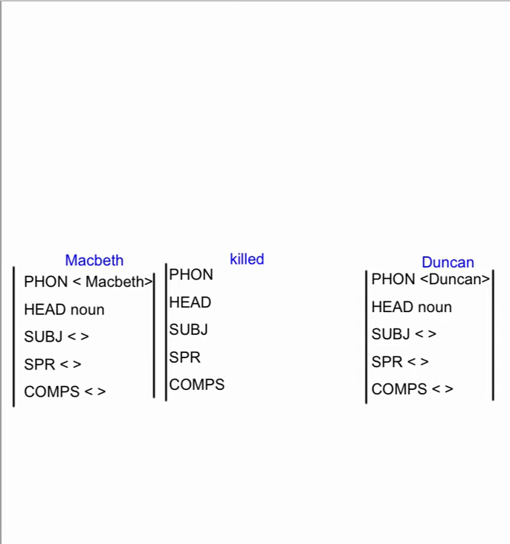Finally, let us consider the verb. The phonology is killed. The head value is verb. What about the subject, specifier, and comps requirement? We said that all verbs in English have an empty specifier requirement, and all verbs in English have a non-empty subject requirement.